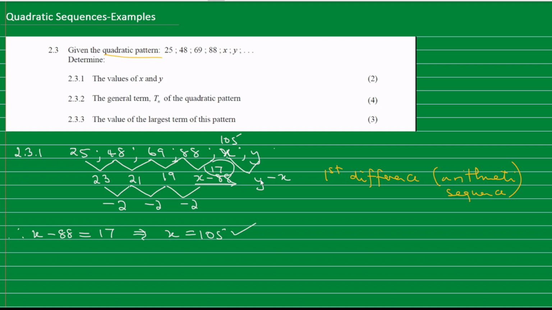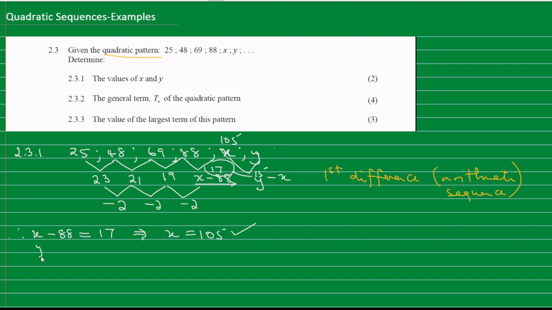Now we got our x is 105. The next number that comes after 17 is 15. 17 minus 2. Remember, we are going down, we are subtracting 2 each time. So if we say y minus x, the difference between y and x, will be 15.